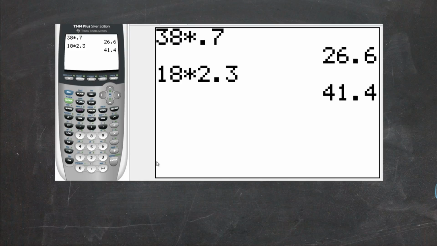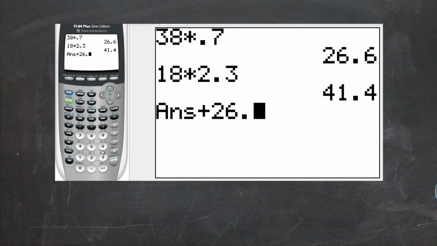Check what we've got here. I got 26 6/10 plus 41 4/10. Let's see if it gives us 68. I believe it does. I see 68 coming our way. For those of you who are my little doubters out there, let's do it. Let's put a plus on there. We'll take 26 6/10.